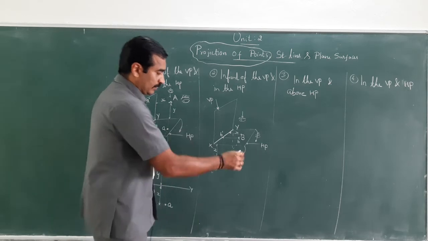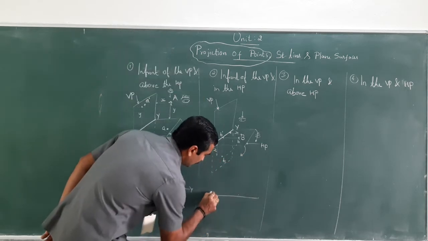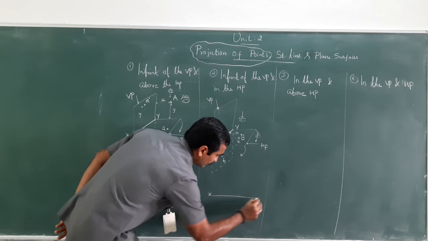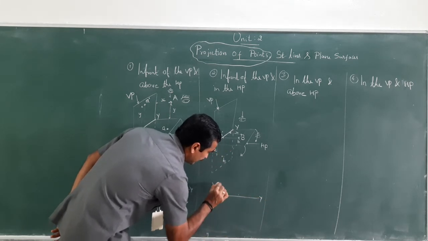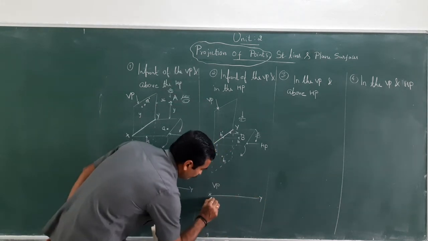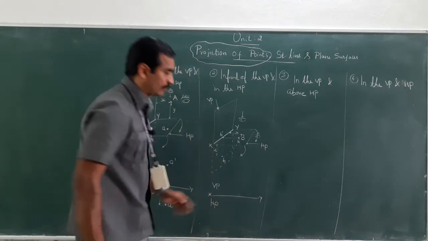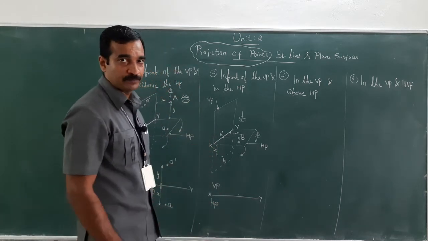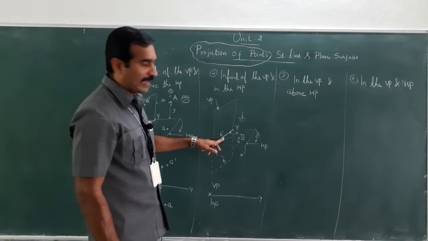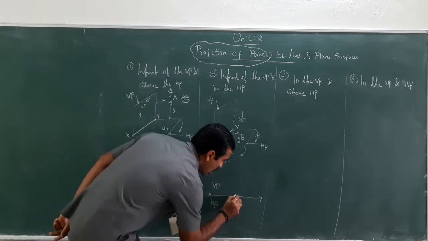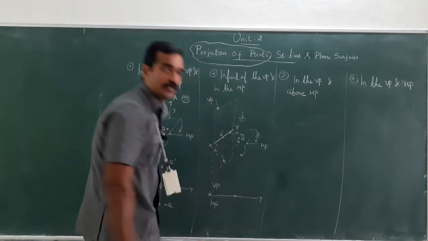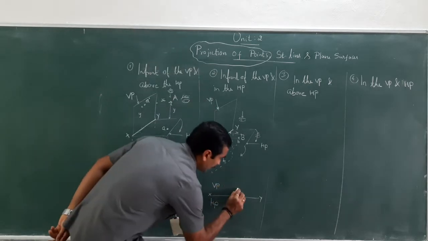And if I draw in projection, above the reference line or ground line is VP and below the ground line is HP. So this is B dash, that is the front view, on the ground line or reference line.